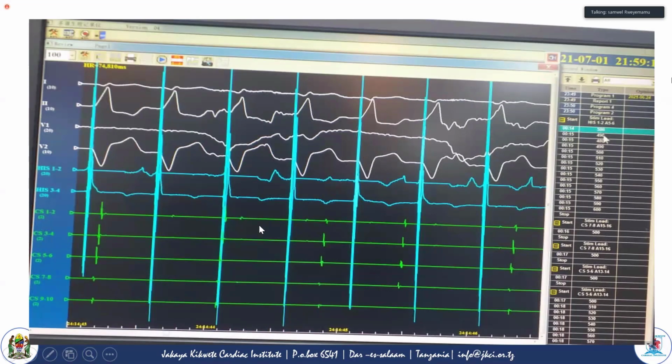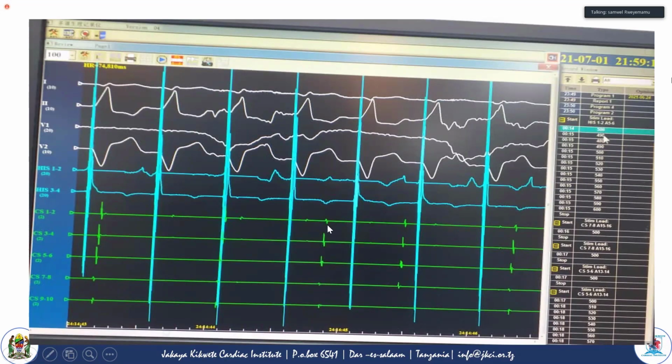So this is followed again by another ventricular signal on the coronary sinus electrode 1 and 2, and again the impulse from the ventricle reaches the atrium. There is another ventricular signal here that is followed by an atrial signal. Then from there you find this ventricular signal that is not followed by an atrial signal.